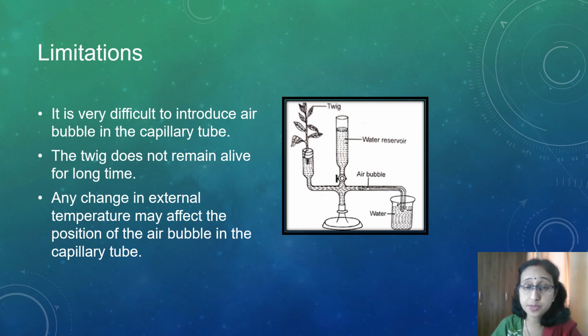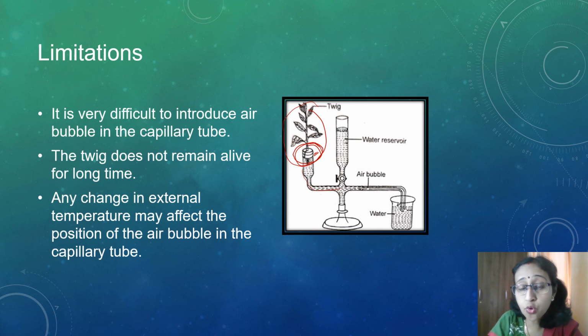In the previous slide, when we were discussing this experiment, we should have mentioned the main fact that when we insert the twig with this rubber stopper and this stopcock, we should see to it that no air bubble enters this water. First we insert the twig with a rubber cork, and then we insert water into this tube.